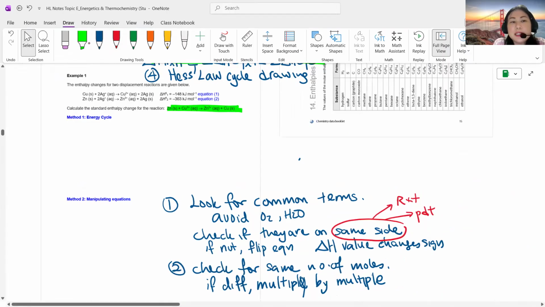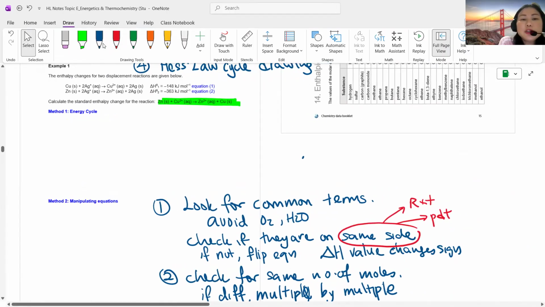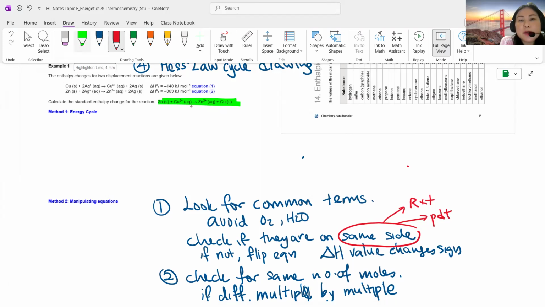I'm going to demonstrate this using example 1. Remember the equation in green is what I'm supposed to solve. Let's look at equation 1 and the one in green. What is the common term that I'm seeing in them? Common is copper. We found our common term, so check if they are on the same side.